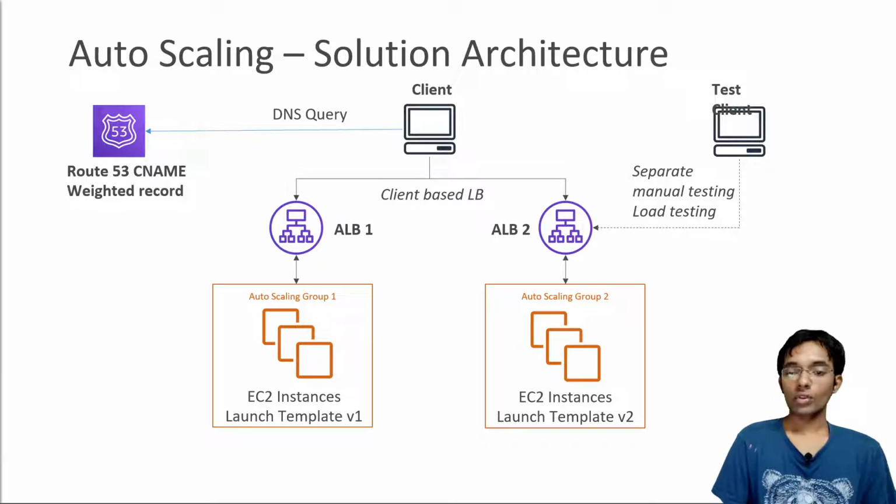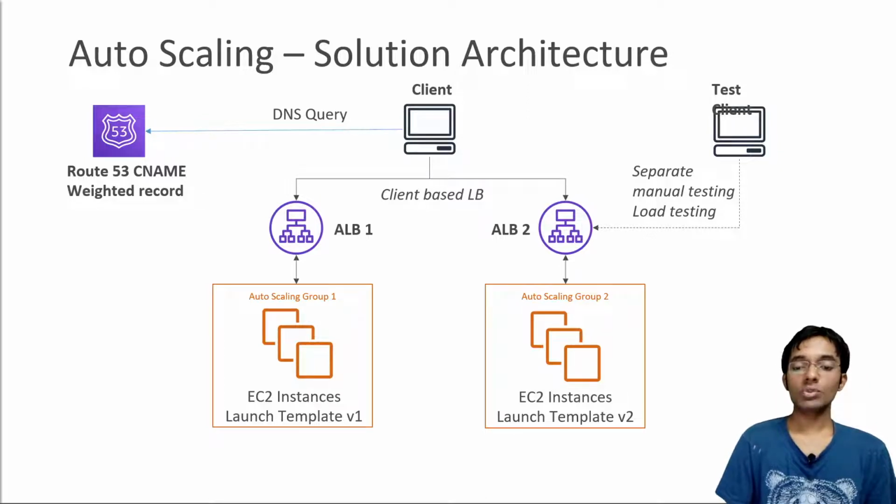So what we need to do is make sure the clients can talk to our second ALB, and for this we can use Route 53. So we'll define a CNAME and we can use weighted records. When the client makes a DNS query, it is going to get both application load balancers based on the weight. So the client will be doing some load balancing.